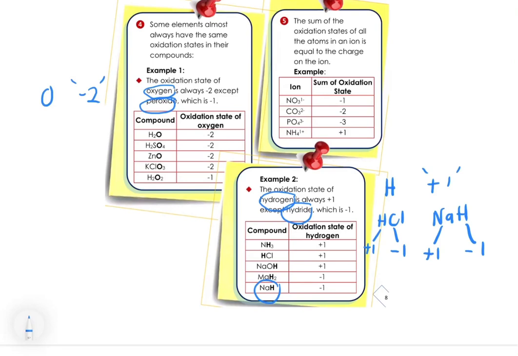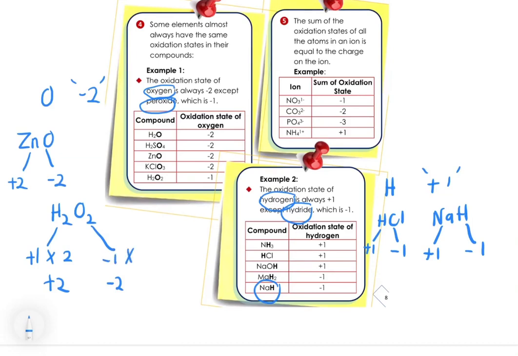For oxygen, such as in zinc oxide, zinc is +2, so oxygen is -2. But in some exceptions, such as hydrogen peroxide, hydrogen is +1, but there are 2, so that becomes +2, and the total for oxygen is -2, but then there are 2 oxygen, so that is -1 for each of the oxygen.